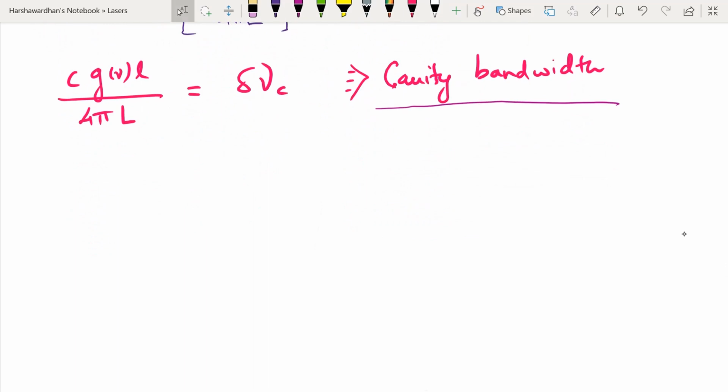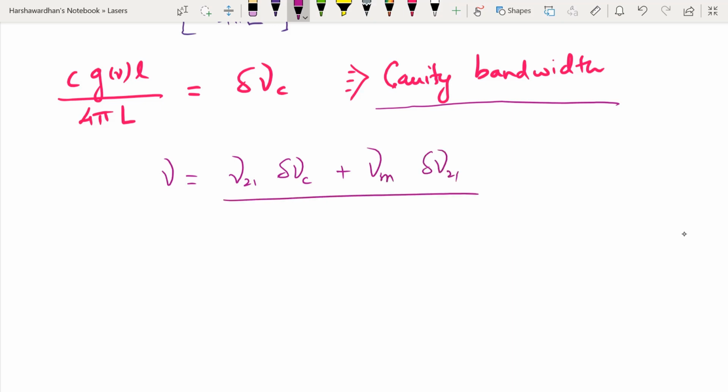So I can essentially write down, this is my final equation. I can write down nu as nu_21 times delta nu_C plus nu_m times delta nu_21 divided by delta nu_C plus delta nu_21.